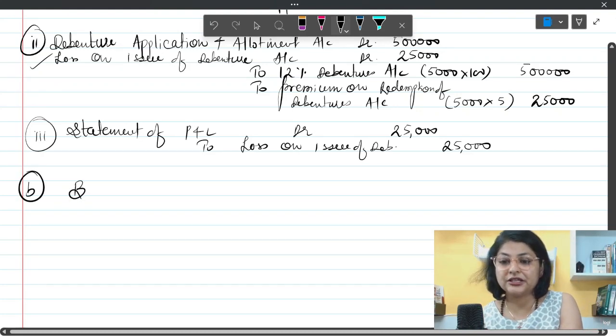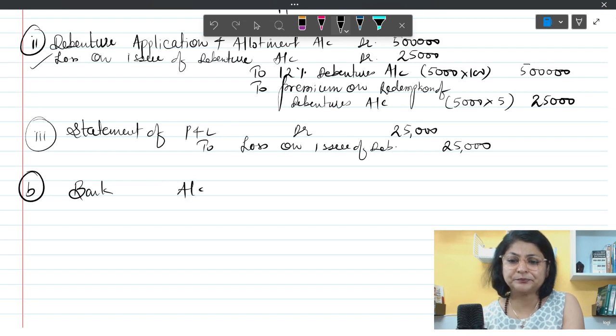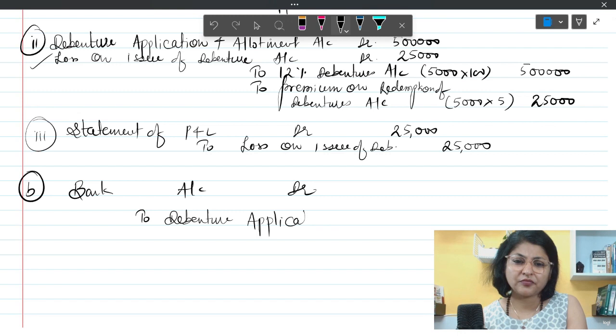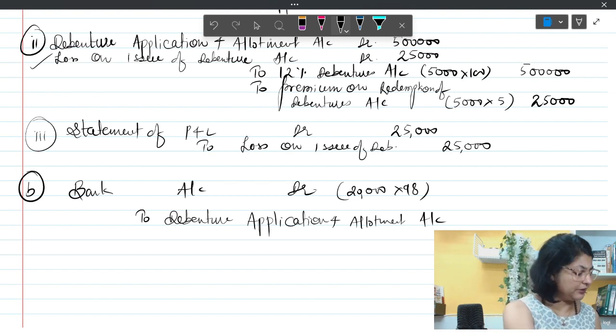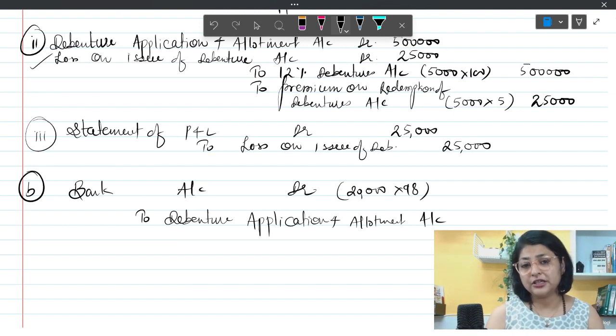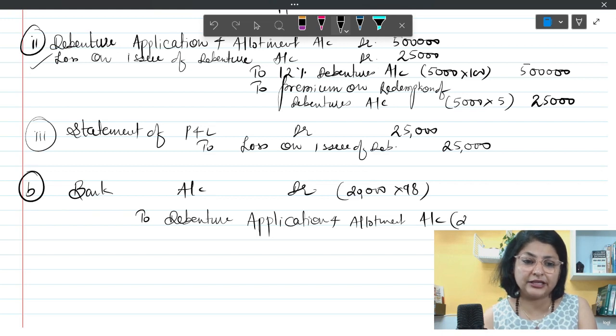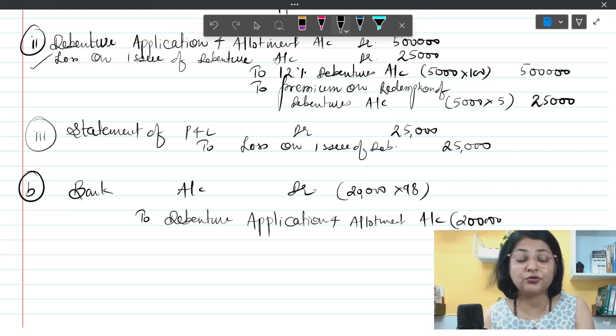So the first entry is going to be bank account debit to debenture application and allotment. And here we are writing 20,000 debentures multiplied by 98. Why multiplied by 98? Because the discount on issue of debenture was 2%, not 20%.